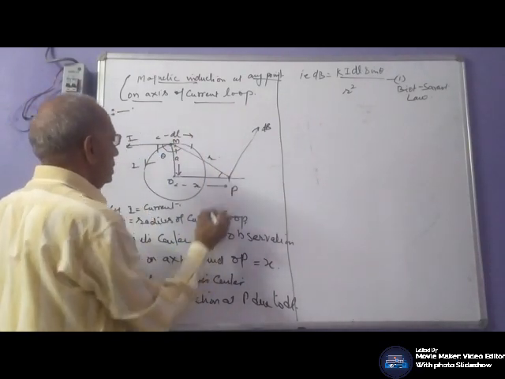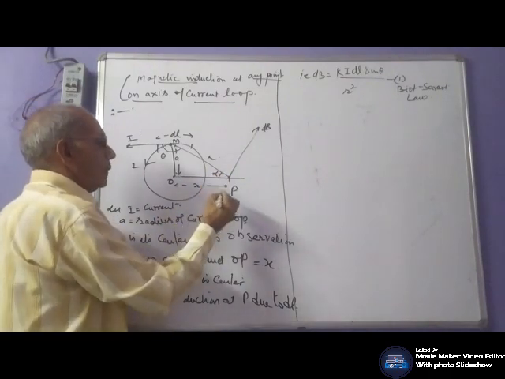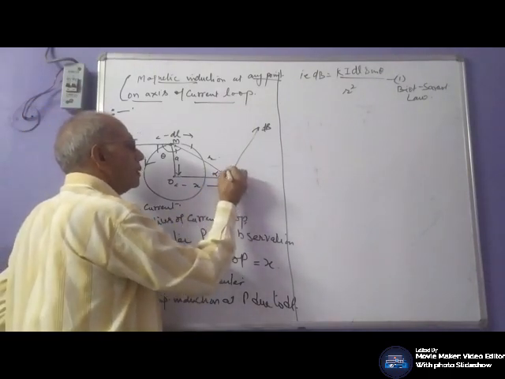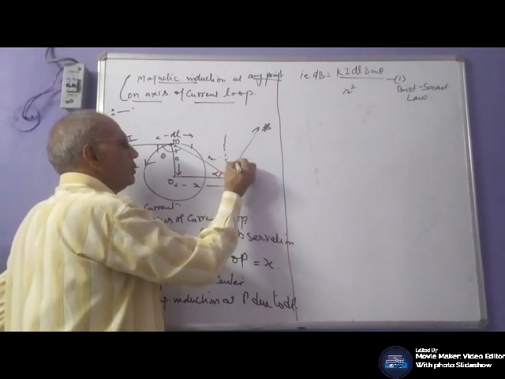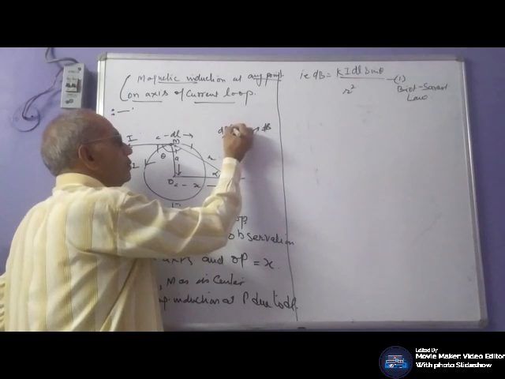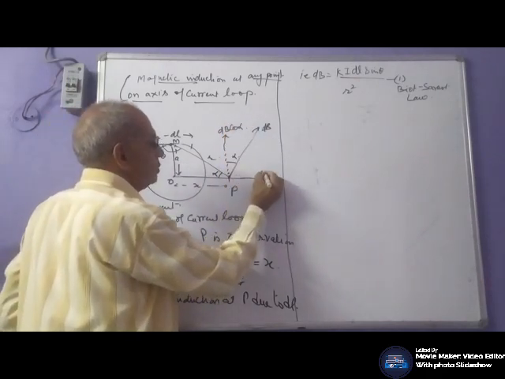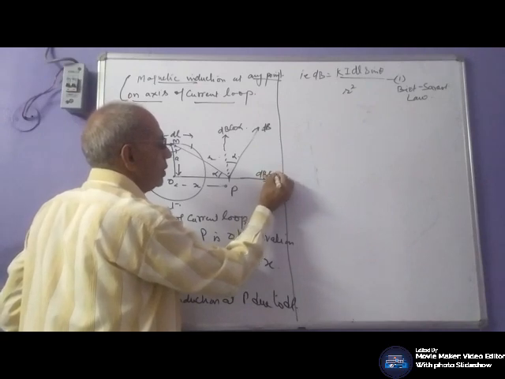Let this angle be alpha. Then the components are dB cos alpha and dB sin alpha.